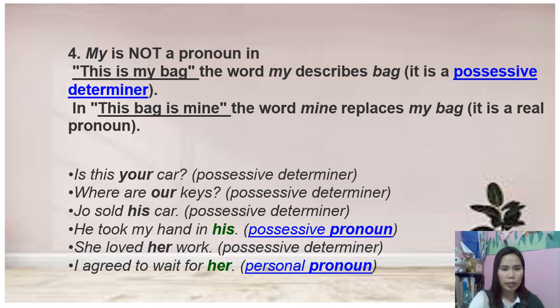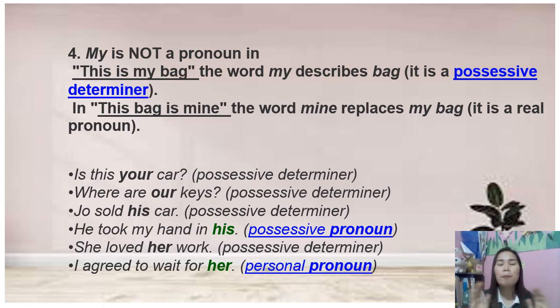Okay, so here, is this your car? So, your here is a possessive determiner. Where are our keys? That is a possessive determiner. Joe sold his car. Possessive determiner. Okay? Here, he took my hand in his.